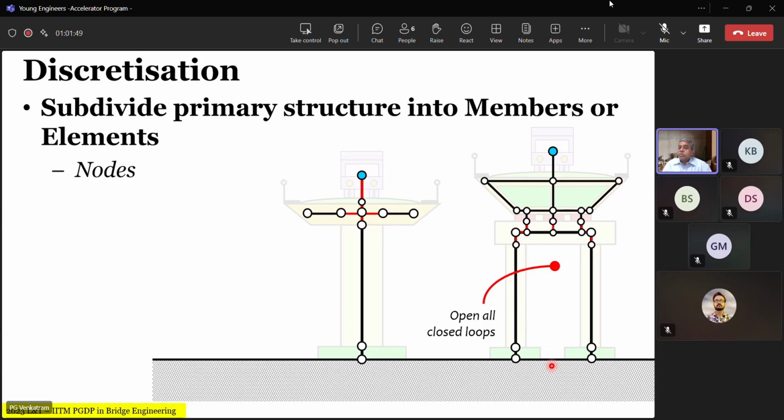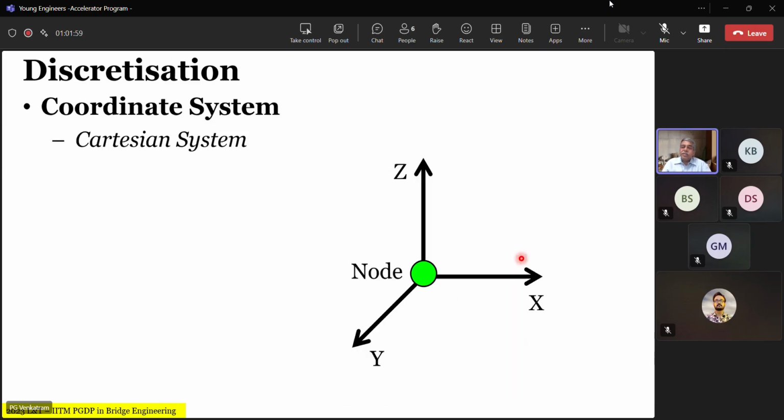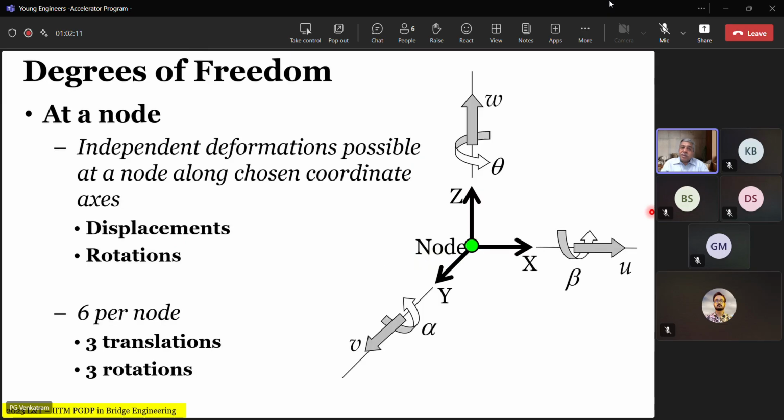Generally, when you come close to the foundation, the closed loop can be open. Otherwise, you should have open loops in all the places so that you have a proper discretization.